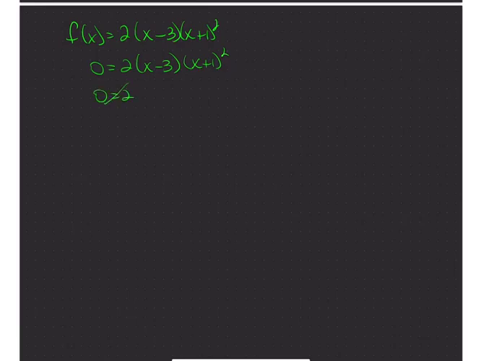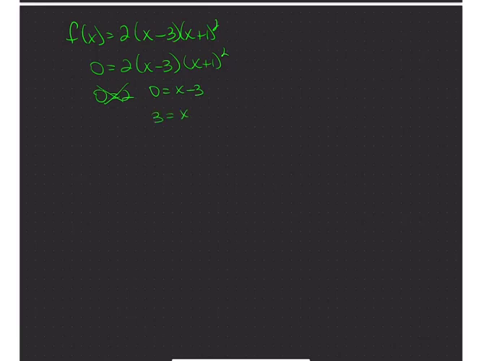One quick one. So if you have f of x equals (x minus 3)(x plus 1) squared, right? And if you want to find out the zeros, so 0 equals 2 times (x minus 3) times (x plus 1) squared, right? 0 equals 2, that doesn't make any sense, right? 0 equals x minus 3, that's going to give you x equals 3.